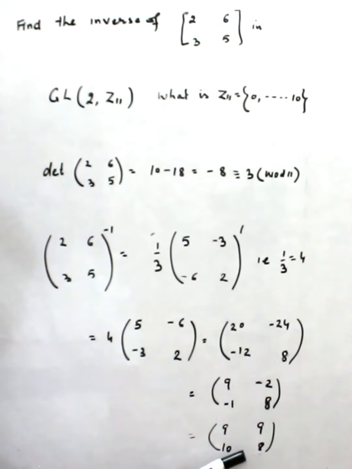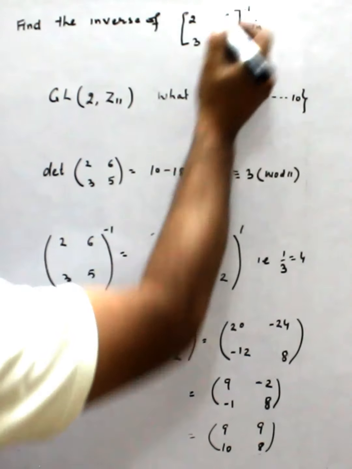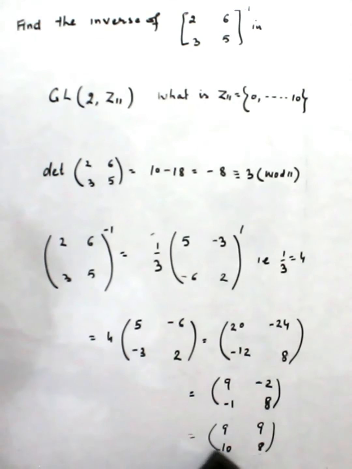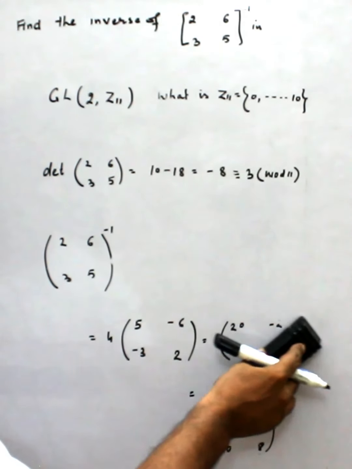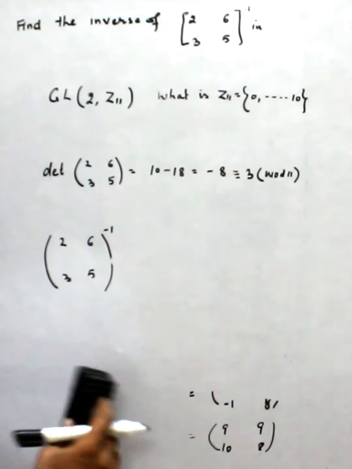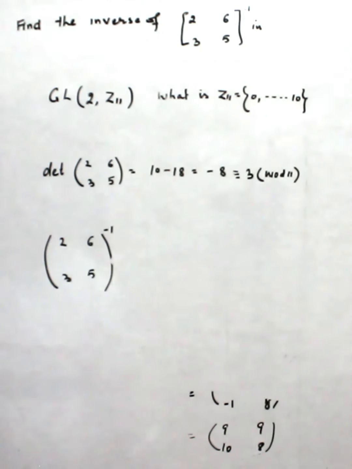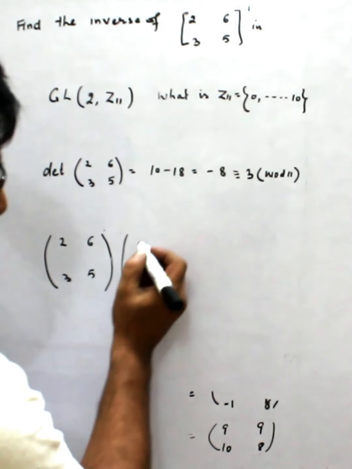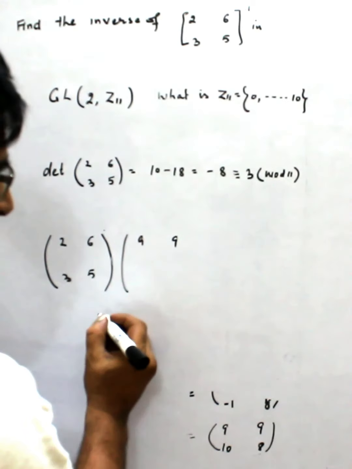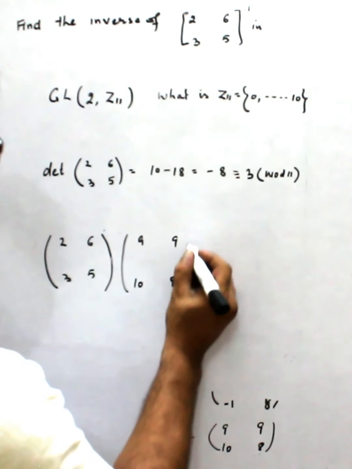Now we check: if we multiply this with the original matrix, we should get the identity, right? We are talking about the multiplicative inverse, that is minus 1. We multiply the matrices to check whether our finding is good or not. So I multiply by 9, 9, 10, 8.